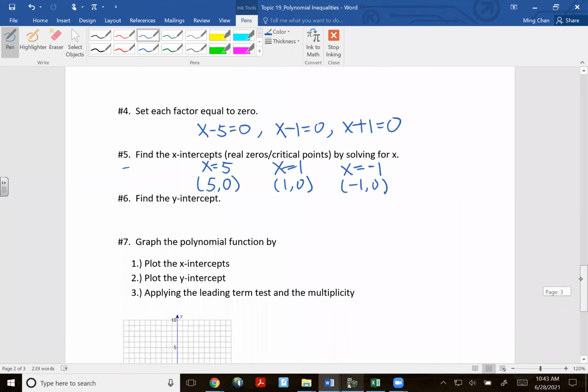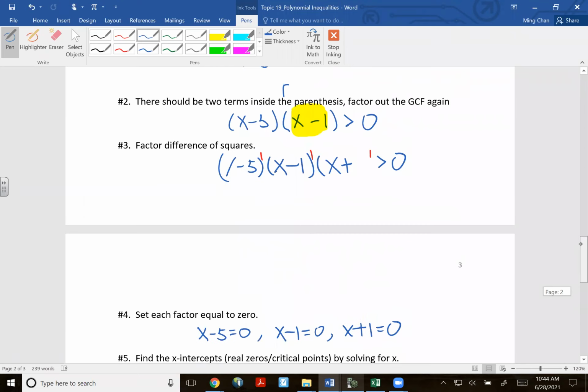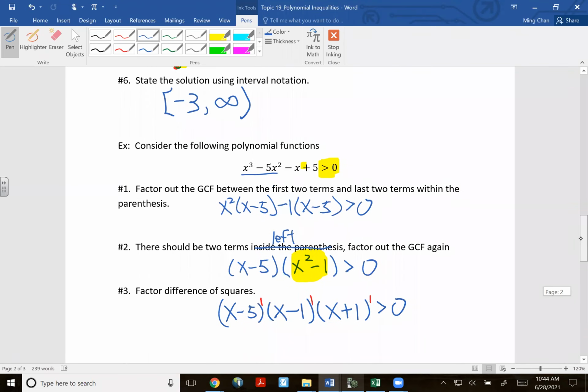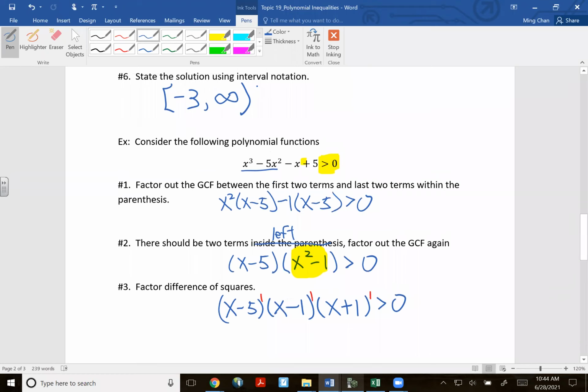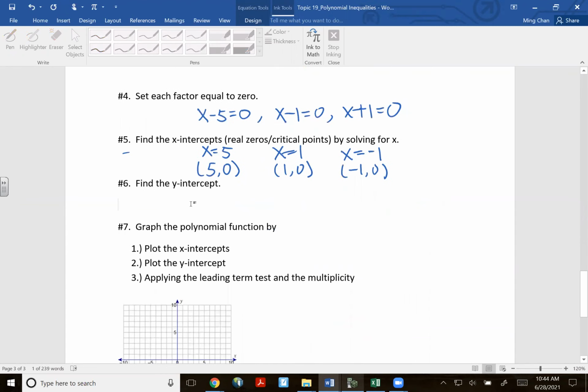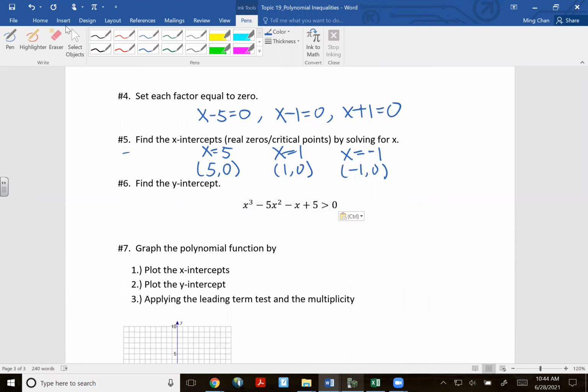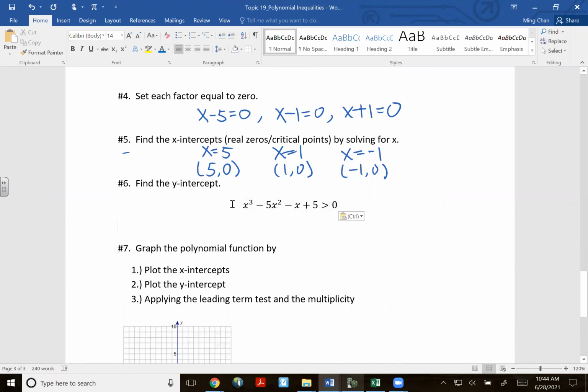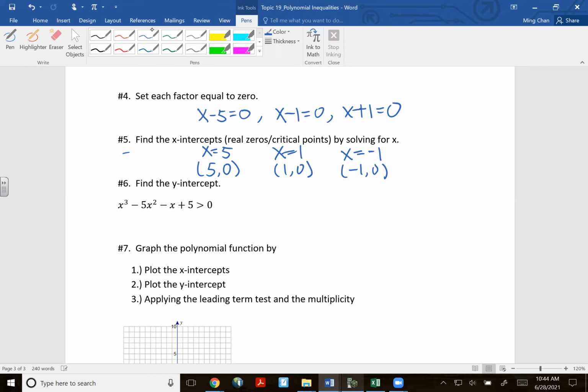All right, find the y-intercept. So I gotta go back up and look at my function again. Find y when x equal to 0.